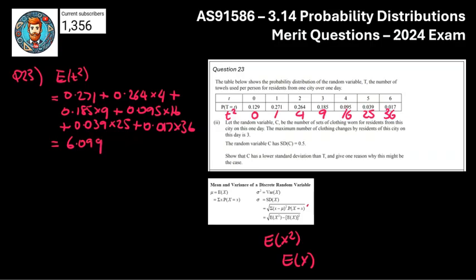So I've got that one there. I now need to find the expected value of x. Instead of multiplying the top and the bottom, I now need to multiply these two up here. So I'm not dealing with the square number anymore, just the regular numbers 0 through 6.